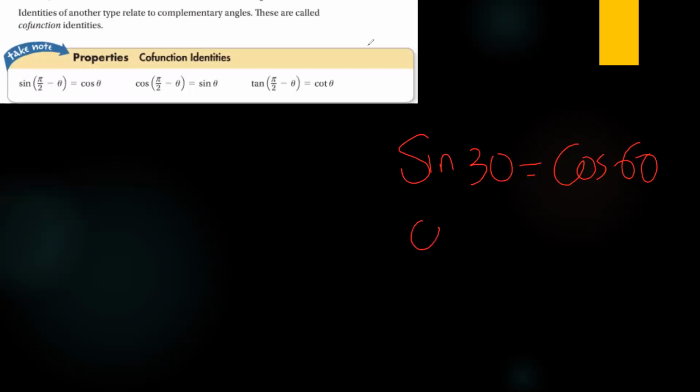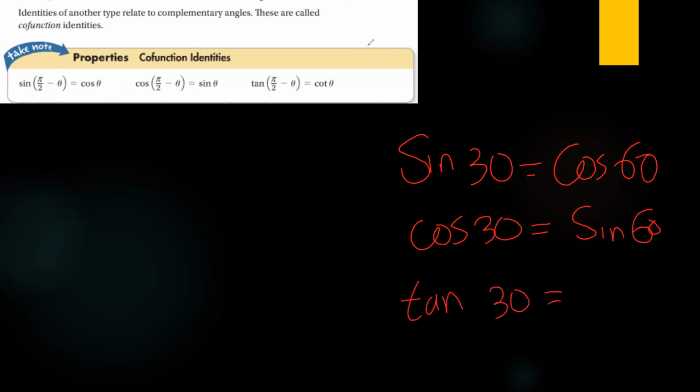Now, let's talk about the cofunction identities. If you remember, I told you before that sine of 30 is cosine of 60, and cosine of 30 is the same as sine of 60, and tan of 30 will be cotan of 60. But why can I say that?